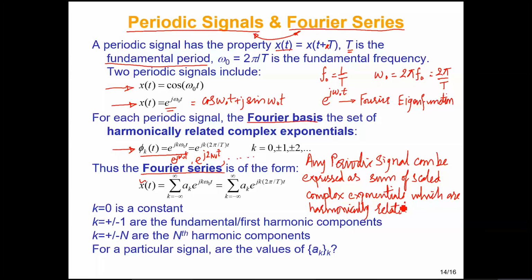So this that you see right here is the whole definition of your Fourier series. This is what Fourier proposed, that if you have a periodic signal, irrespective of the shape of that signal, if it repeats after a particular time period T, then you can express that periodic signal as a sum of scaled complex exponentials which are harmonically related.